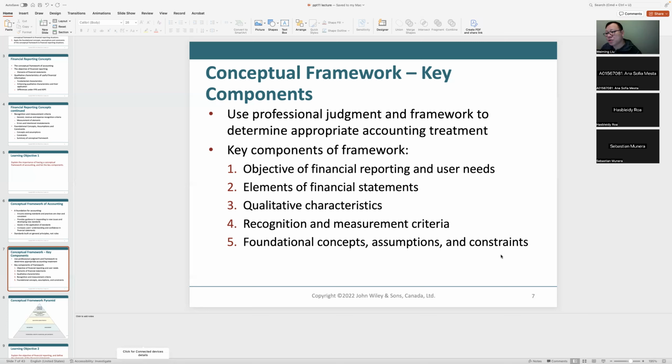Okay, and the constraints. One constraint is the cost benefit constraint. So you probably are able to come up with a high quality financial statement, high quality financial information, but you need to be aware of the cost of getting that information.